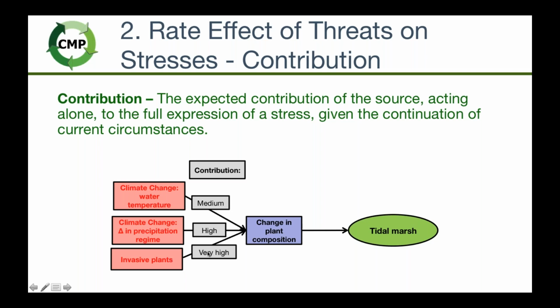And then say, what is the expected contribution of each one of those different sources? And you can see that, in this case, the invasive plants are contributing more than either of the climate direct threats.